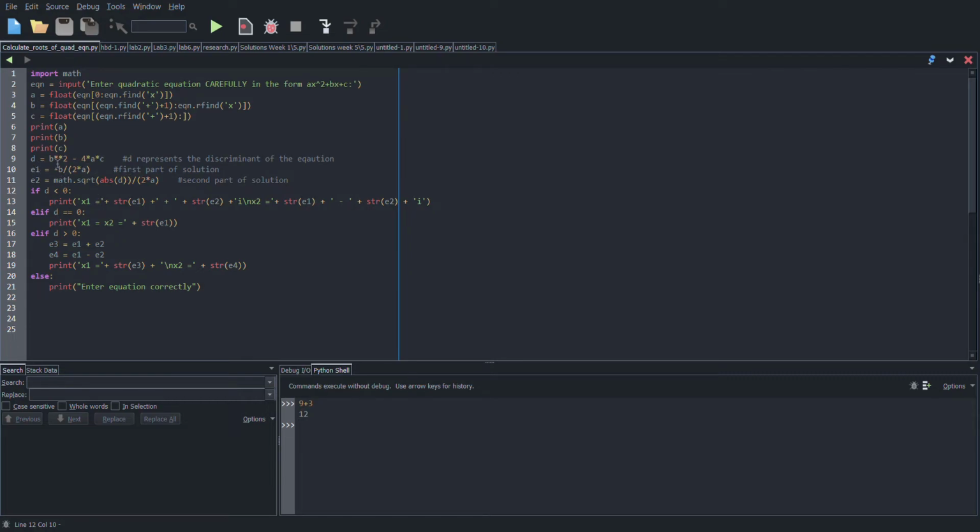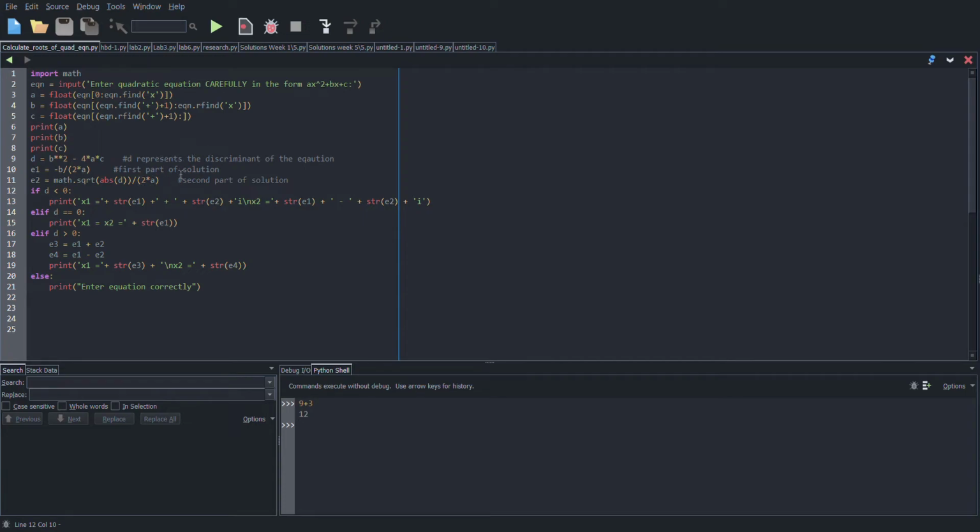So D is equal to B squared minus 4AC, which is the discriminant of the quadratic formula. You remember the quadratic formula, x is equal to negative b plus and minus the square root of b squared minus 4ac, all of that divided by 2a, right?